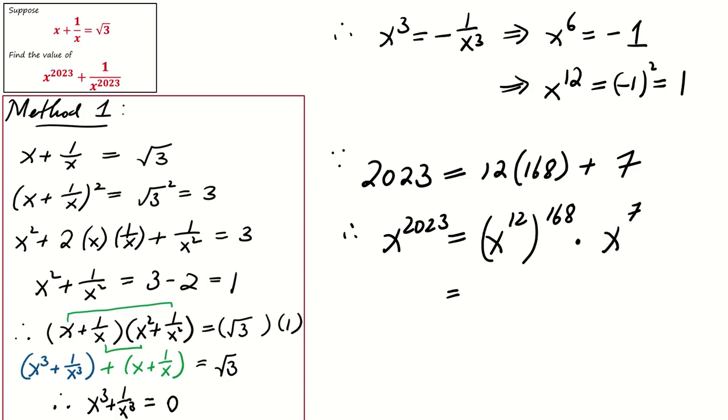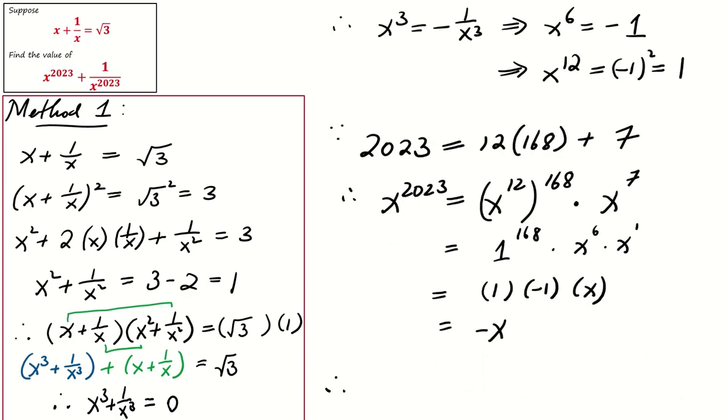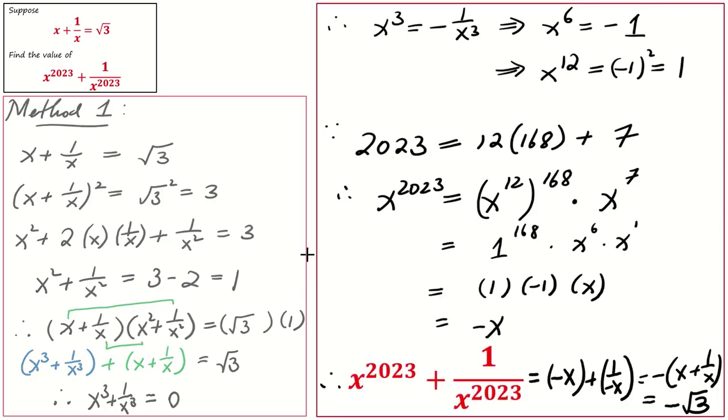And this equals 1 to the power of 168 times x to the power of 6 times x, ultimately resulting in negative x. With this, we can conclude that x to the power of 2023 plus 1 over x to the power of 2023 is indeed negative x plus 1 over x, and so it is negative square root of 3. And this is the end of method 1.